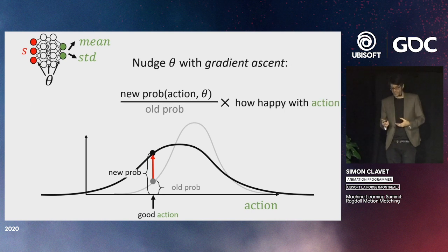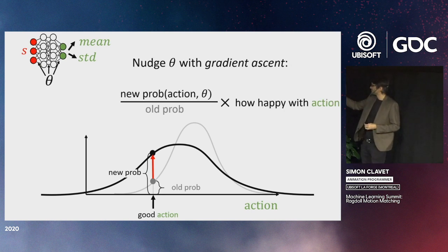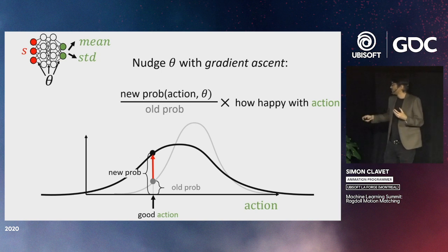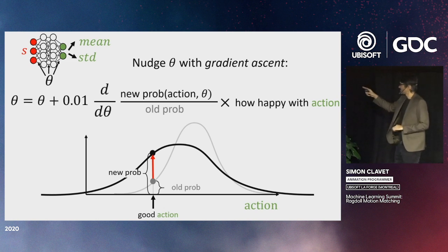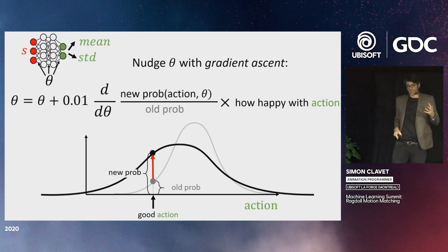So how do we actually do this? You see, the new probability is a function of theta and the current action, and we want to nudge theta. What does it mean to nudge theta? The trick to nudge things in machine learning, in every optimization world, if you know a little bit about these kinds of things, means taking the derivative of the thing with respect to the thing that you want to nudge.